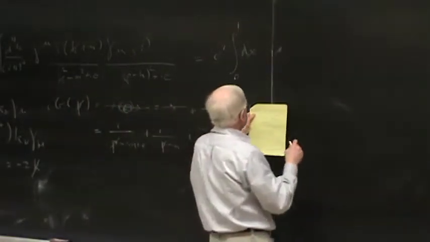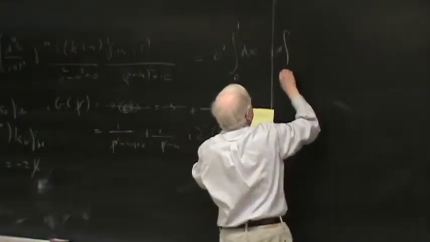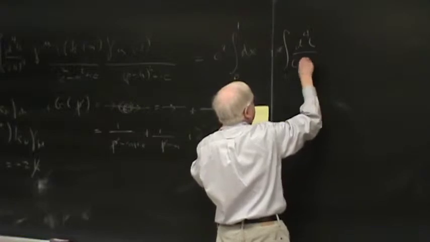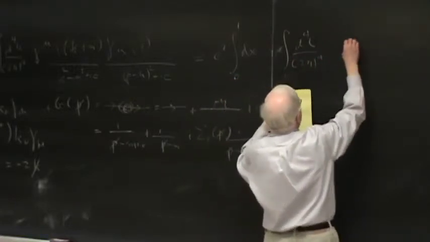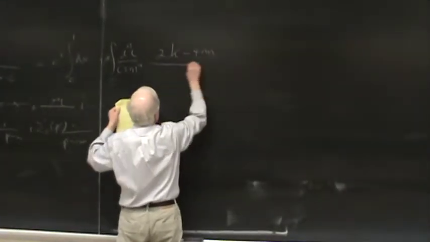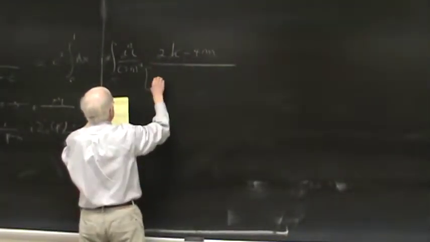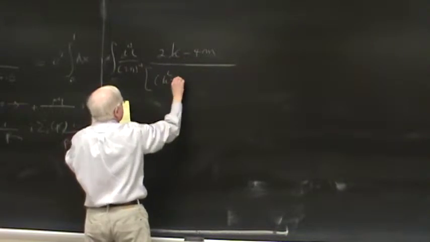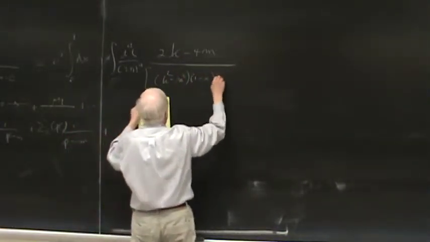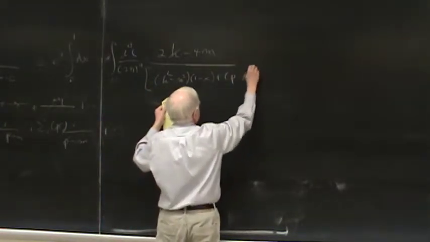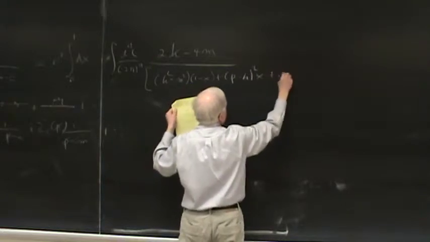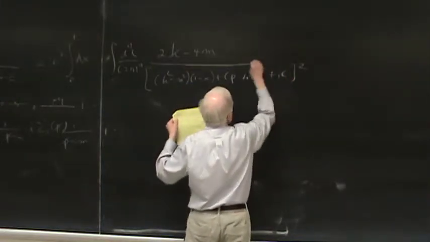And so what we get is 0 to 1 dx, integral over all k, d^4k over (2 pi)^4, and then what's left is 2k-slash minus 4m, and then the Feynman trick here gives us k squared minus m squared (1 minus x) plus (p minus k) squared x, plus i epsilon, and this thing is squared. Okay.